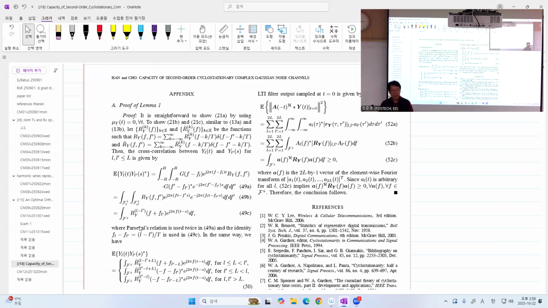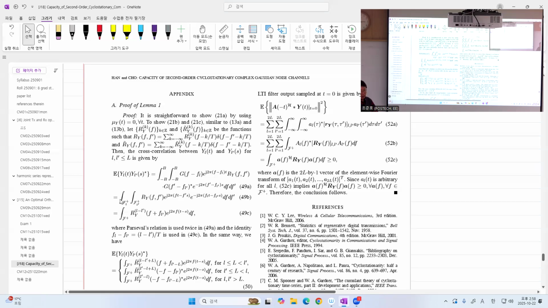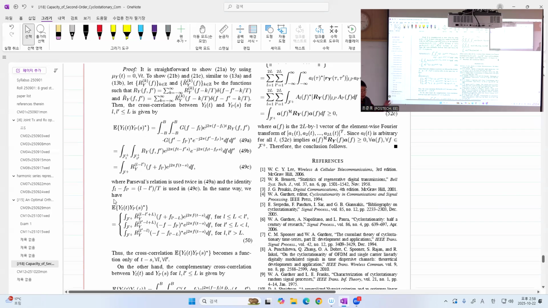But here we had a stricter page limit because we squeezed the 2 papers into 1, and we had additional impropriety. So if you read the proof, it would be very hard to follow, actually. But anyway, this is the idea.